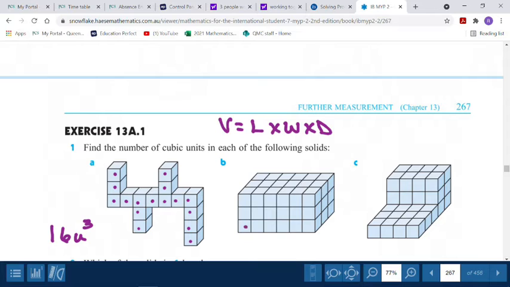Okay? So how long is this thing? 6 units, right? How wide is it? 3 units. And how high is it? 3 units. And it really doesn't matter depth, width, height. Just have all 3 sides counted up. Which 6 times 3 times 3 is?